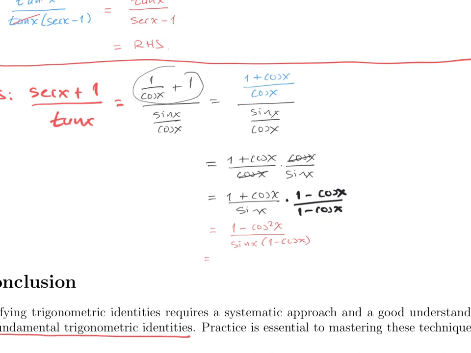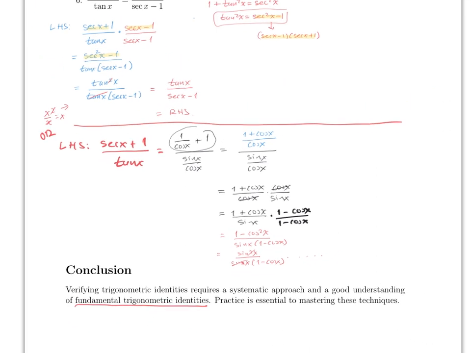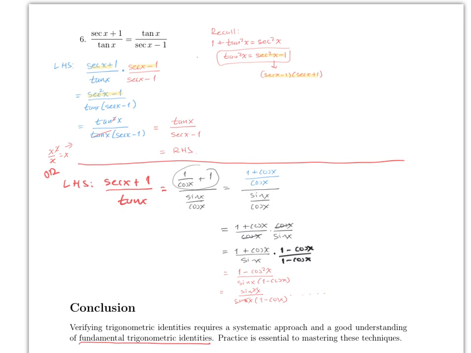So this will give you sine squared x over sine x times 1 minus cosine x. This will cancel, but this is still not close to that. So you have to keep multiplying until you get to the answer. That's why for something like this, it will be easier if you recognize you have to use this identity. If you keep going this way, you eventually get there, but you have to do a few more steps before you get there. All right, so that's it.